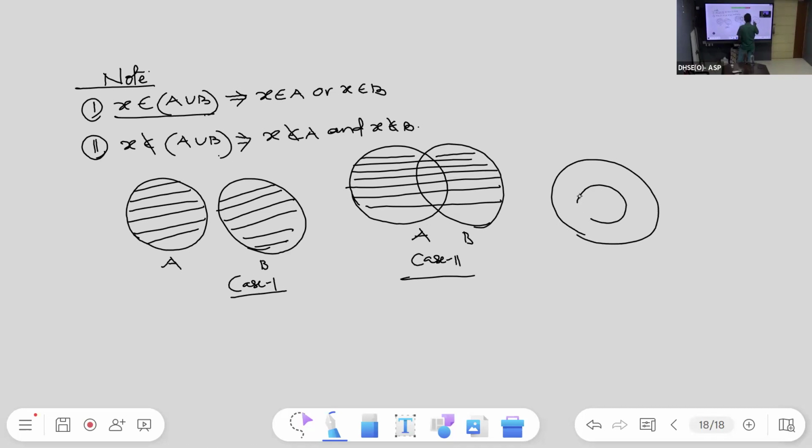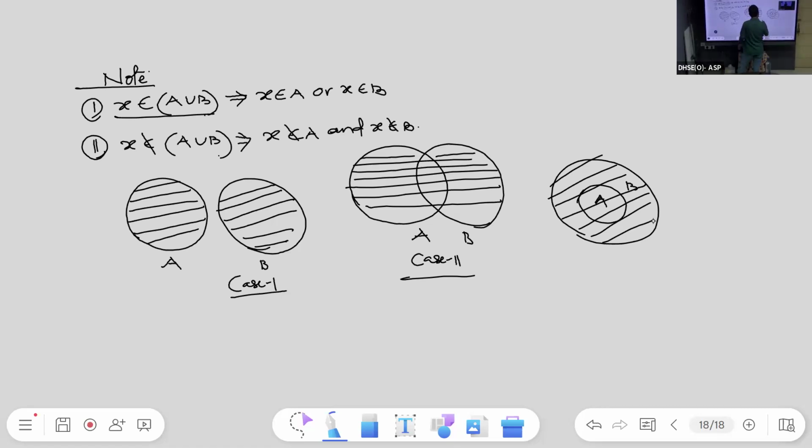That is, suppose A is a subset of B. So A is contained in B. This will be the set A union B. Okay. So write down: the shaded region represents A union B.